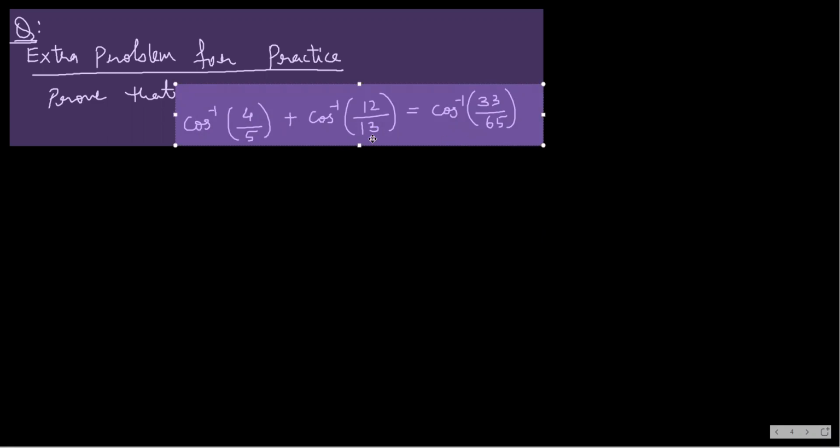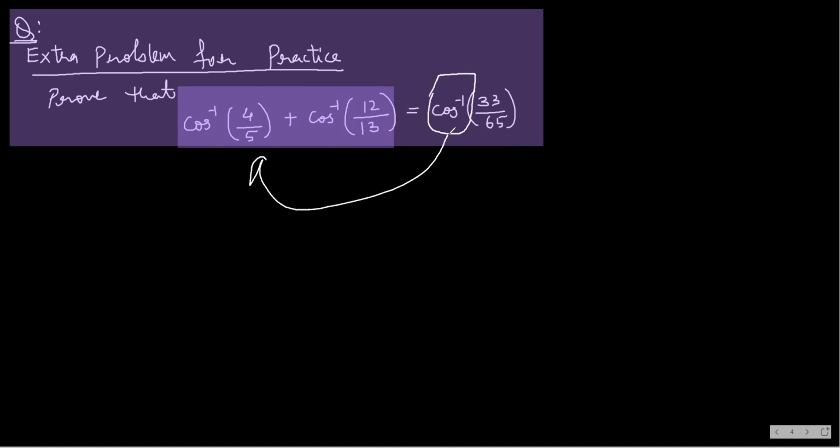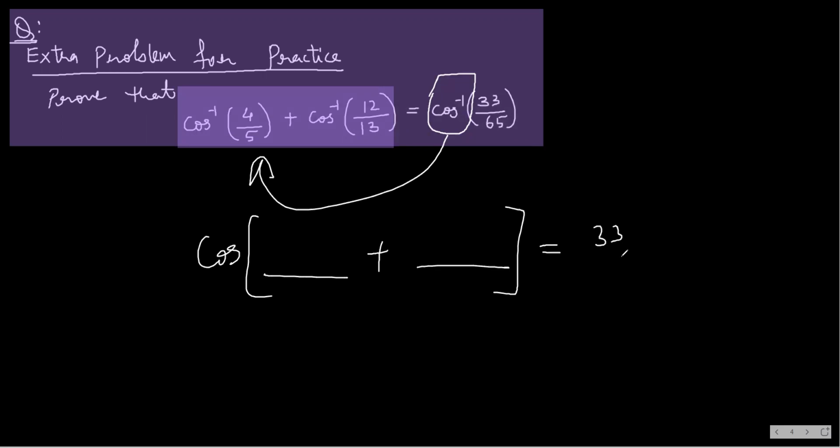It is cos inverse of 4 by 5 plus cos inverse of 12 by 13 equals cos inverse of 33 by 65. To prove this, you will take the cos inverse on the left. So you will get cos of A plus B equals 33 upon 65. After that, you can solve this. This is a practice problem you will definitely do, and I'm sure you will get the answer.